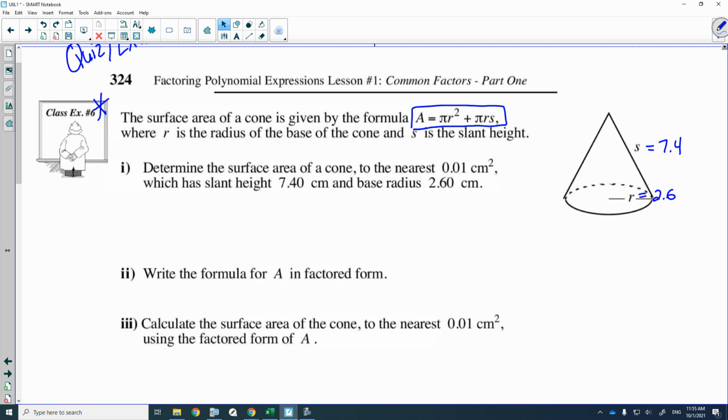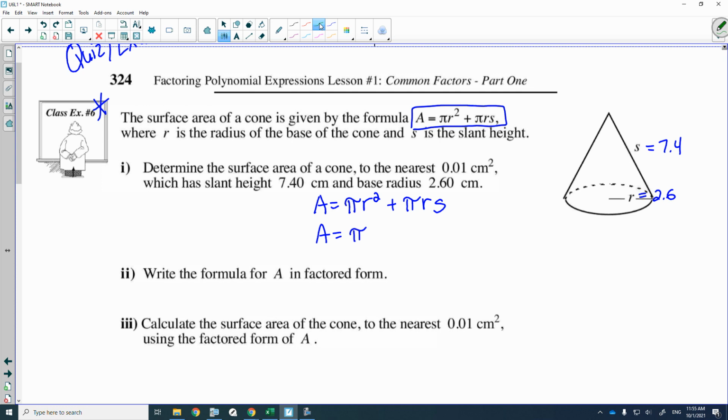So the first question is going to be a calculator question. Can you plug this into your calculator? So area equals, always write the formula first, okay? Pi r squared plus pi rs. Area equals pi.